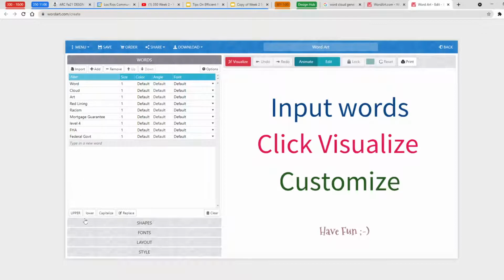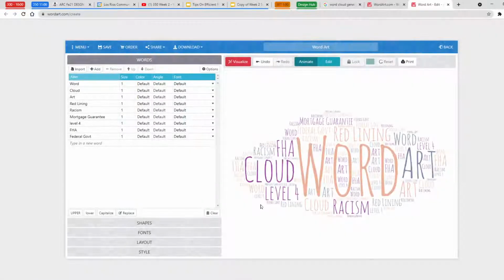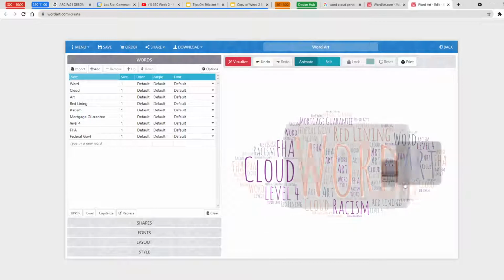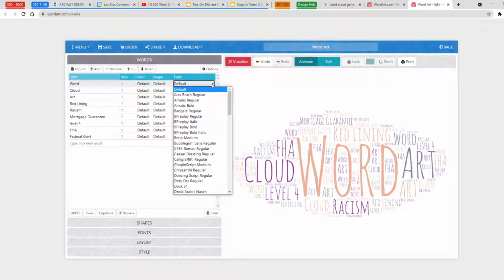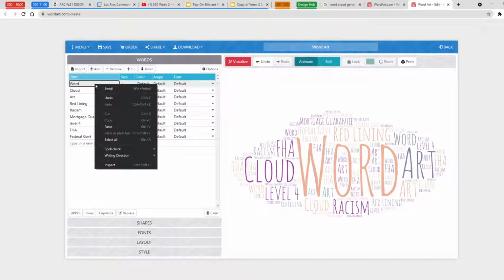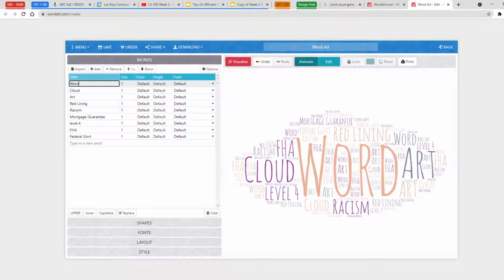So I'll put those in there, and then usually it puts these things together, so I can get rid of this one.